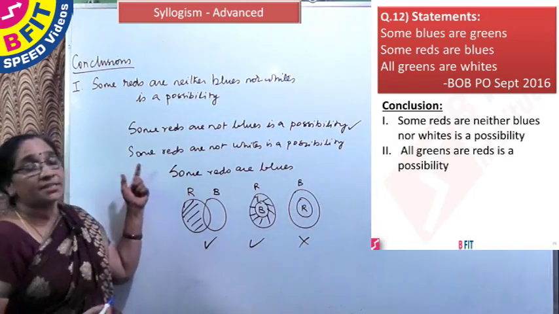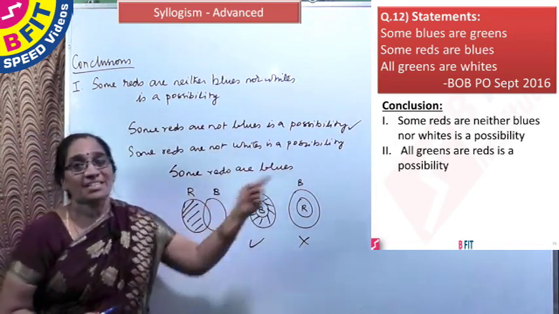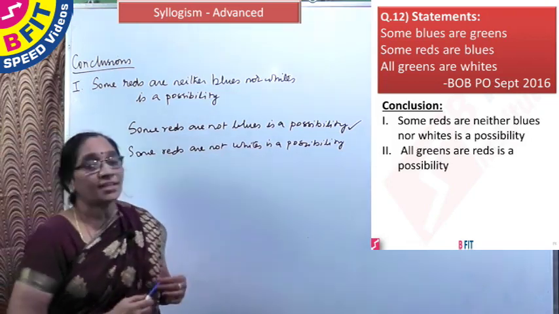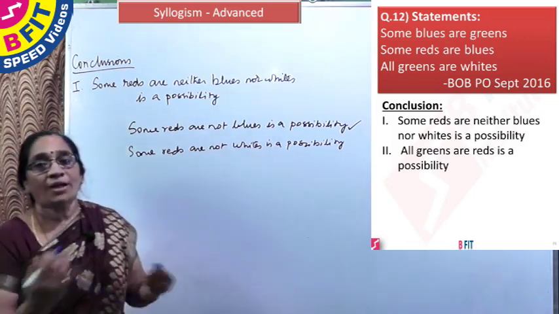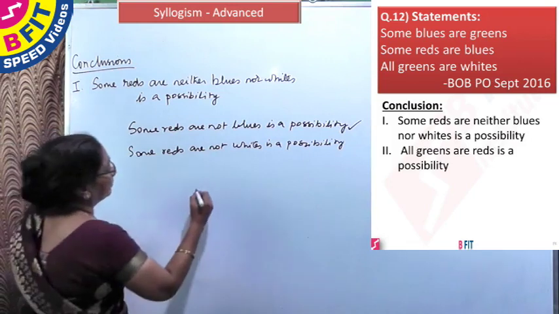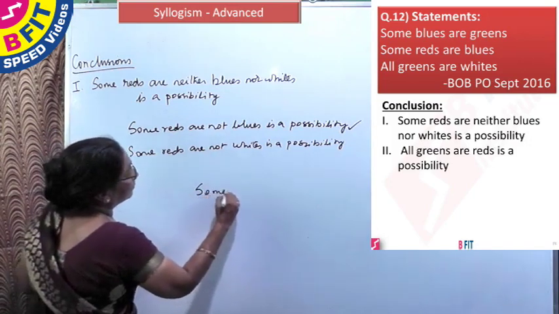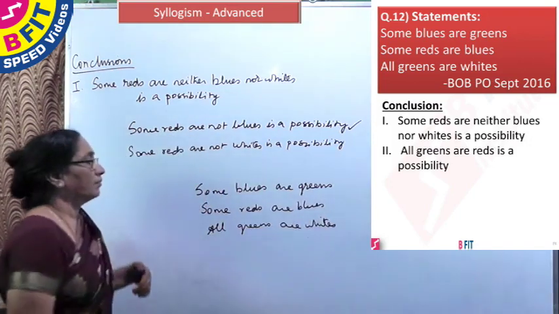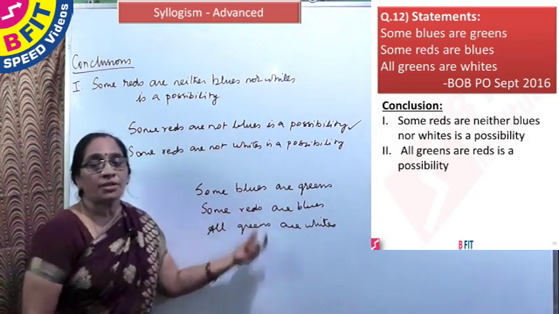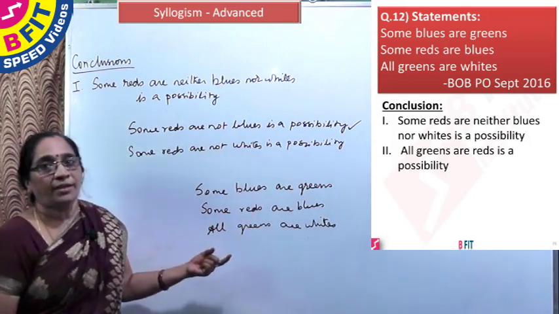Now let us consider some reds are not whites is a possibility. For this conclusion, we will have to combine all the three statements. The common terms are not aligned properly.